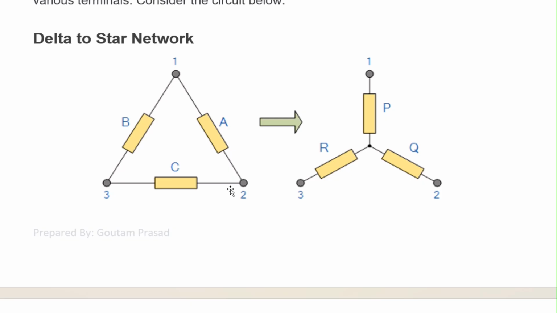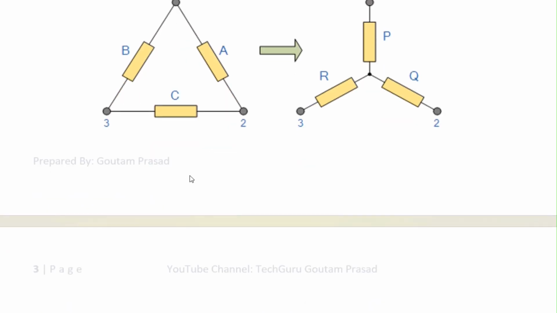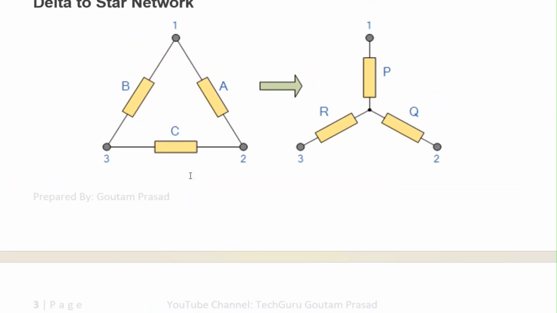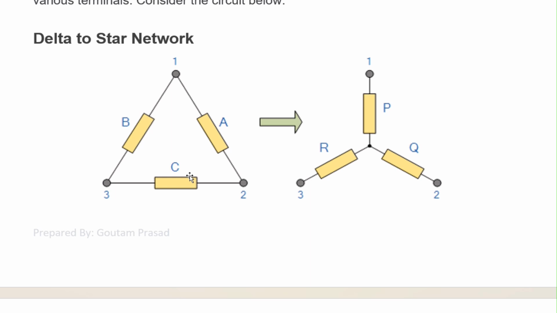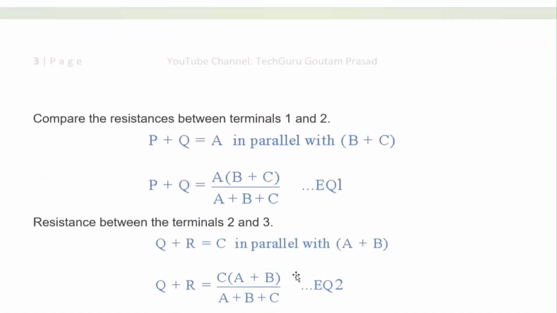The terminals remain the same, and between those three terminals we wish to connect in a star fashion and not delta fashion as shown here. So when you want to do that, you will have to do certain calculations, but that becomes a formula at a later stage, and you can take the help of this formula every time you wish to do this transformation. So here is how it is done.